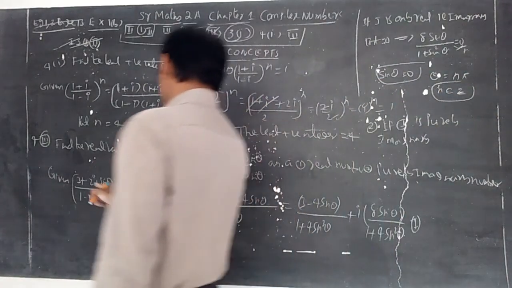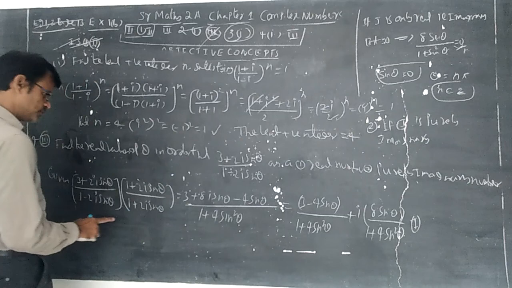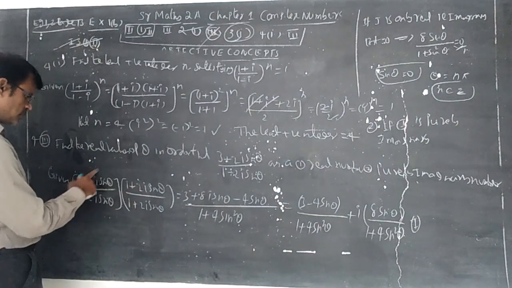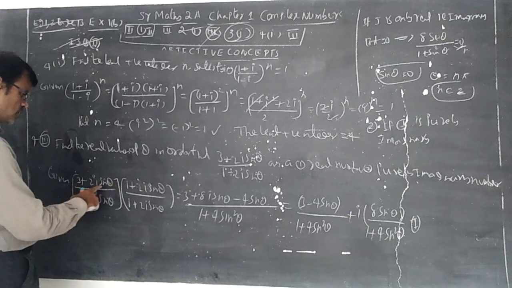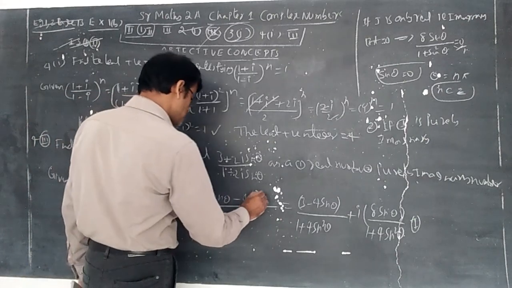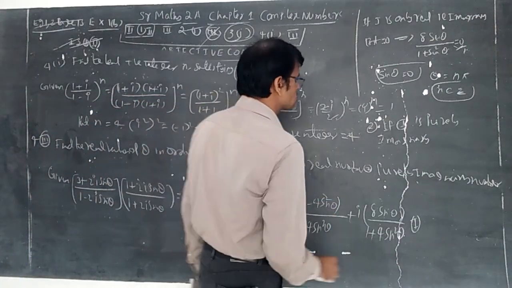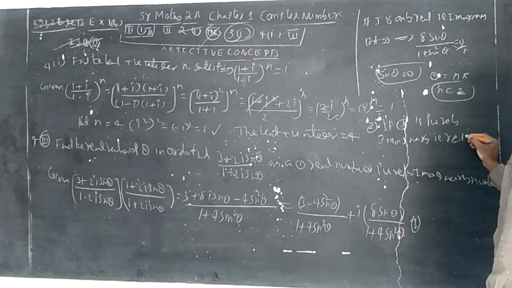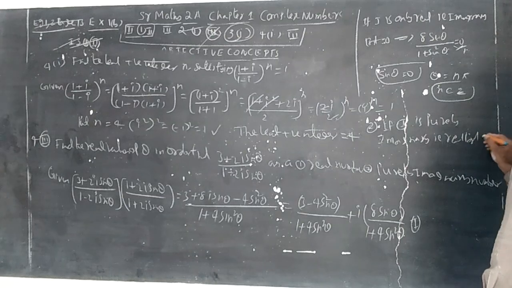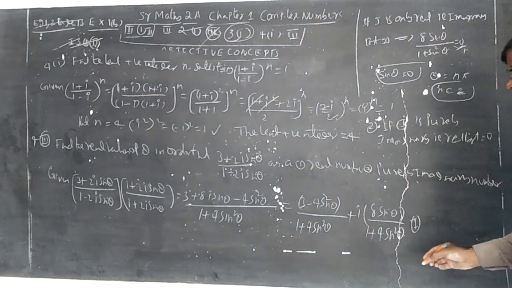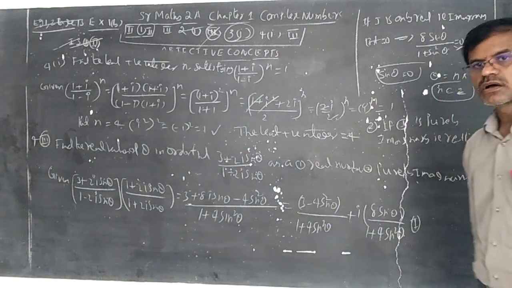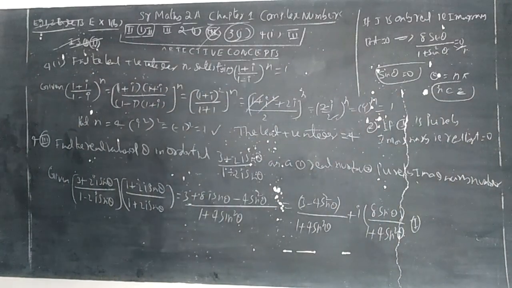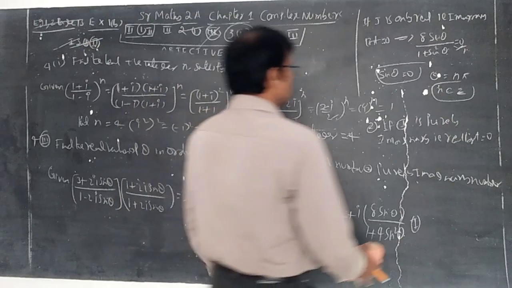Here, 3 plus 8 sin theta plus 2 sin theta, 3 plus 3 is 6 plus 2 minus, this is 4 sin square theta. Whenever the real part is equal to 0, equate (3 minus 4 sin square theta) by (1 plus 4 sin square theta) equal to 0.